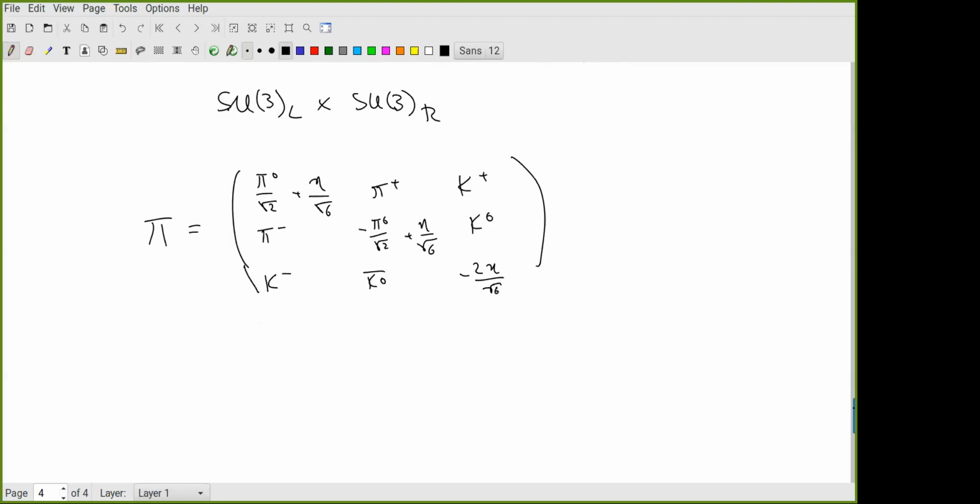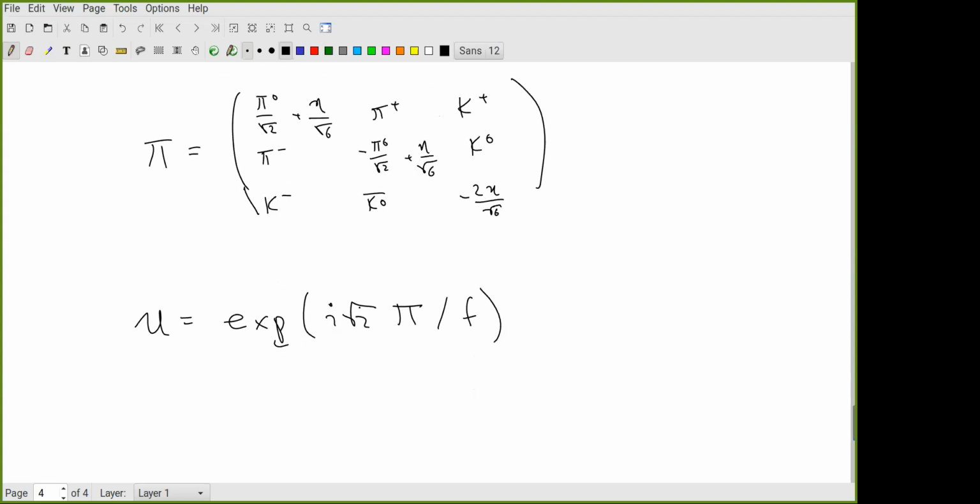And then you take this matrix and you exponentiate it. So you write U equals the exponential, with some scale factors, of i times square root 2 times pi over f. So that's a kind of very complicated expression for these fields. But that's the ingredient that you need to write down the Lagrangian.